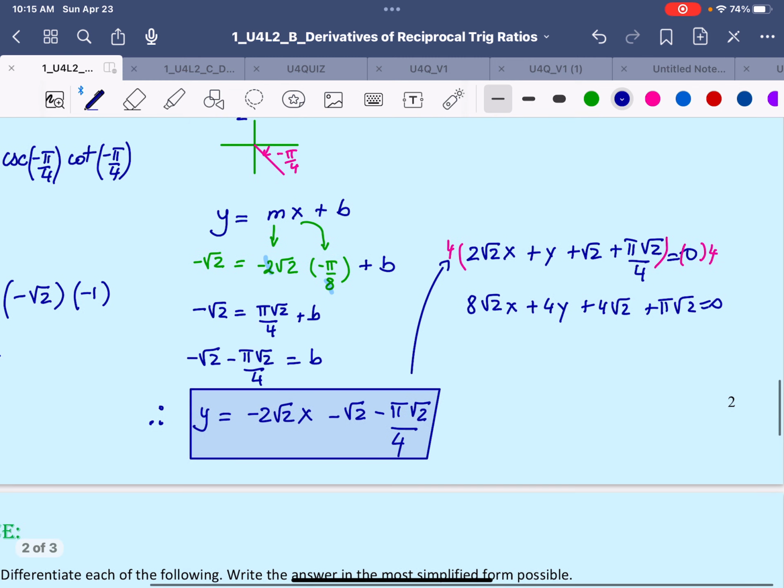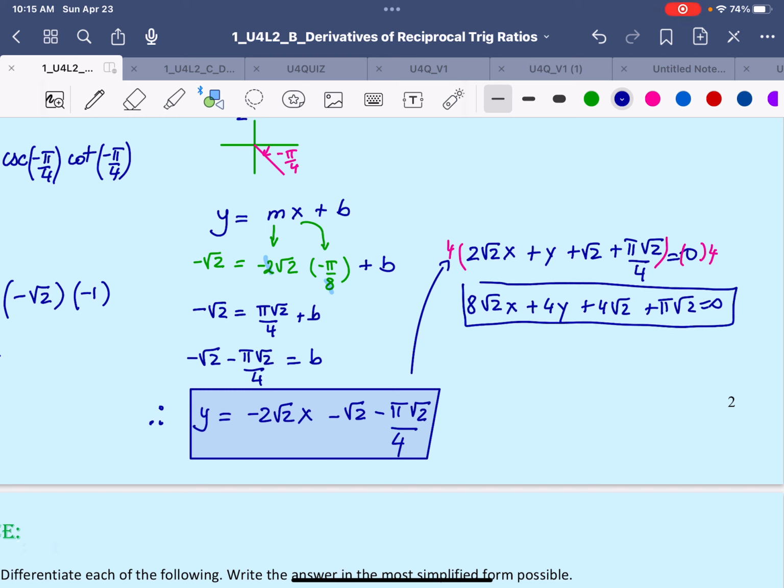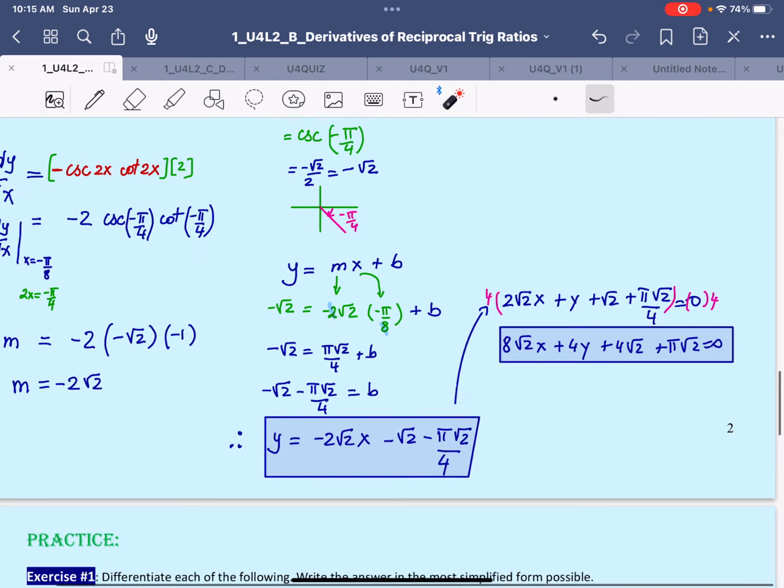I would like to call this a standard form, but remember that the standard form of a line doesn't have radical coefficients. It has only integers as coefficients, and the coefficient of x is always natural, so positive.